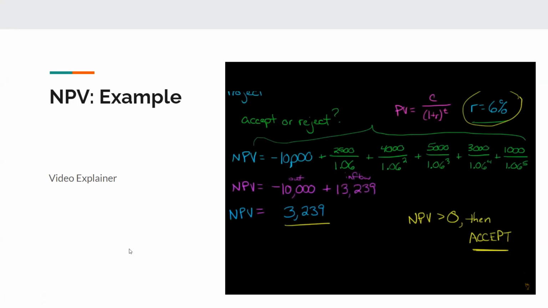So by accepting this project, we're actually earning a return to the firm that is higher than this discount rate that we were thinking about, higher than the opportunity cost. We could have made 6% elsewhere. Did we do better than that? That's what we're trying to figure out. And if the NPV is greater than 0, then the answer is yes, we did do better than that. And so we need to accept the project.